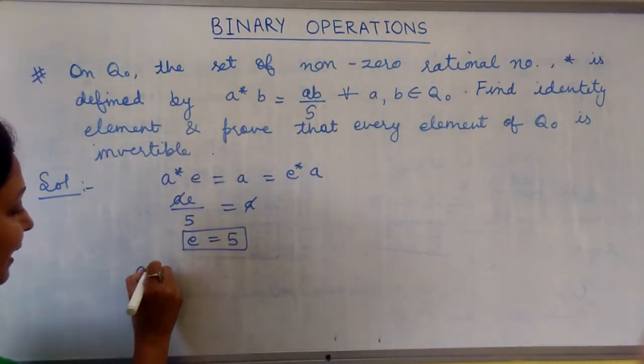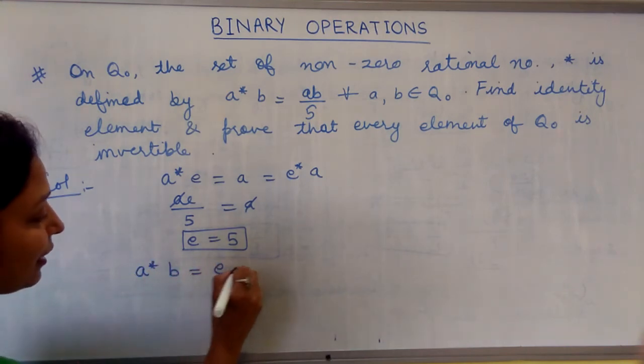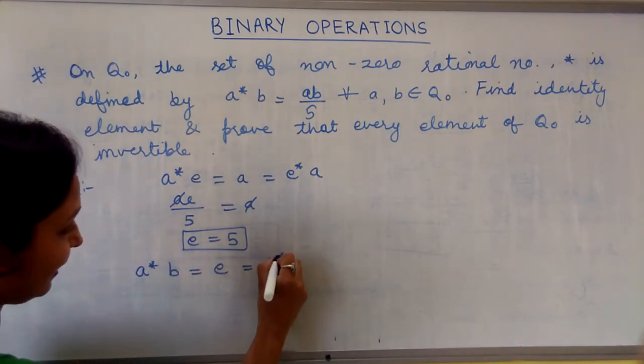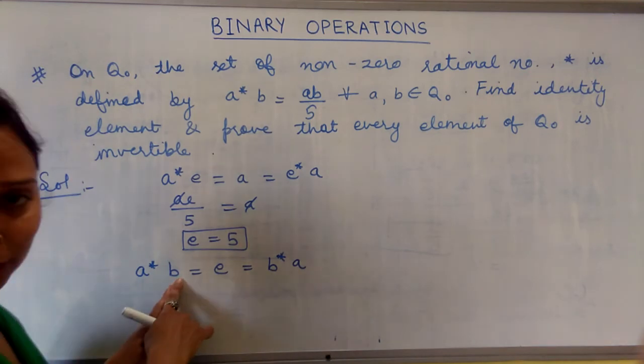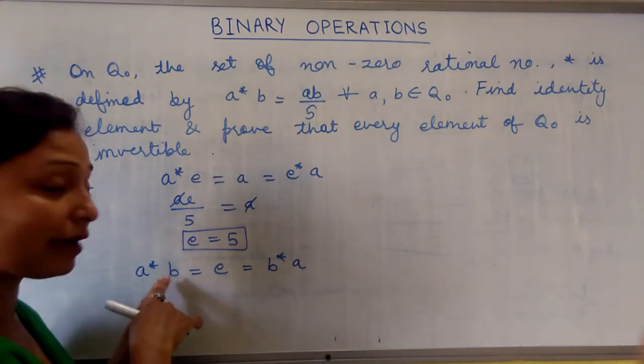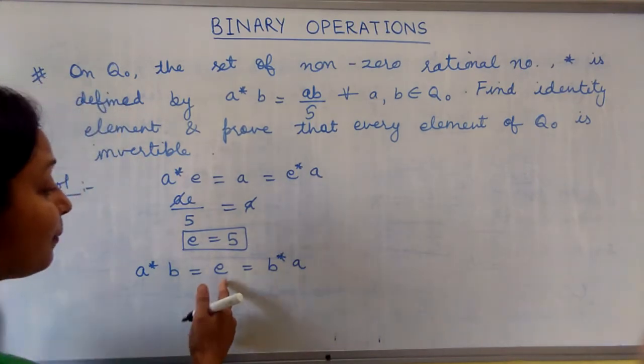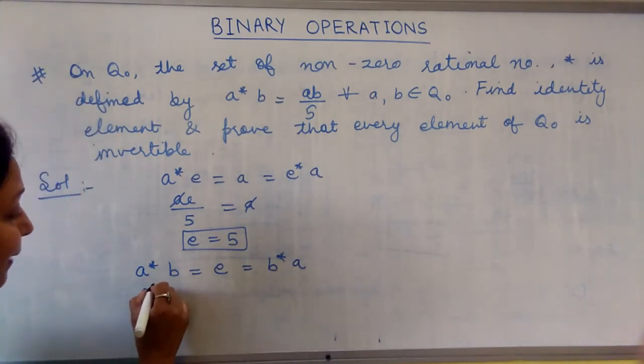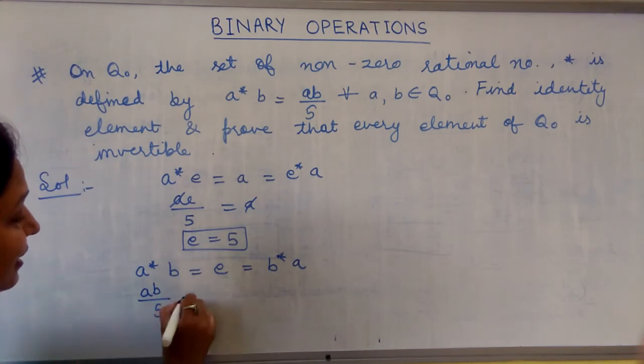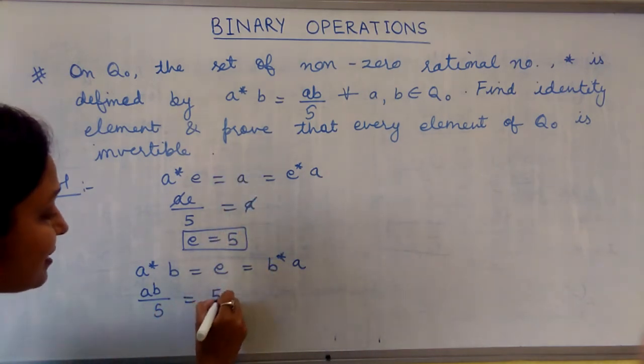For finding the inverse, A star B is equal to E is equal to B star A. This B is the inverse. If I can find the value of this, the function is invertible, otherwise not. I will put AB upon 5 is equal to the value of E, that is 5.